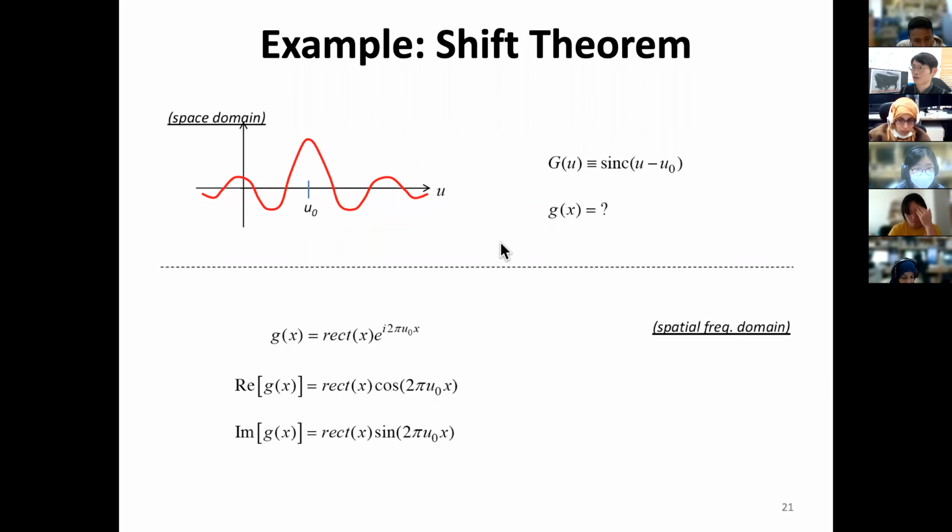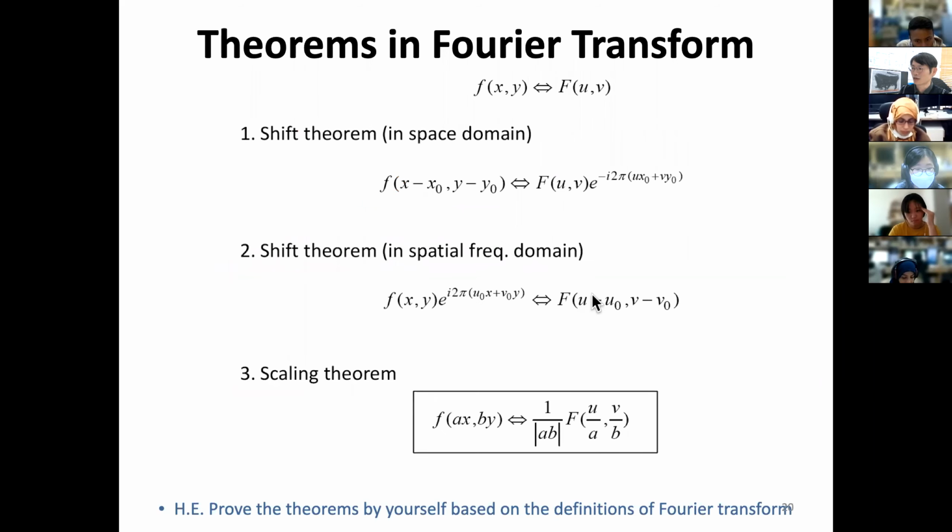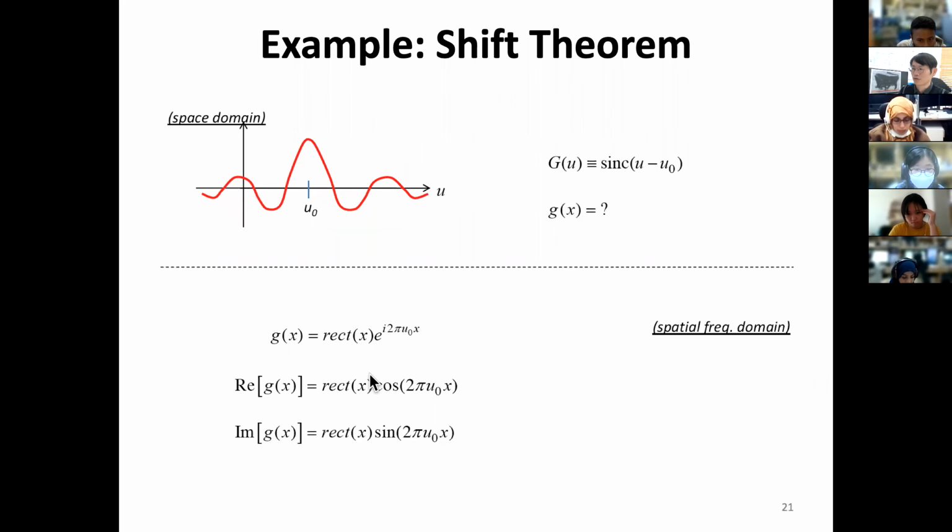You go back to here, and you just multiply by this. You multiply by e to the i 2 pi u sub 0 times x to the original rect function, because you already know the sinc function came from the rect function's Fourier transform. From here, you want to find out what the real and imaginary components are, which come from here. So that's easily understandable.